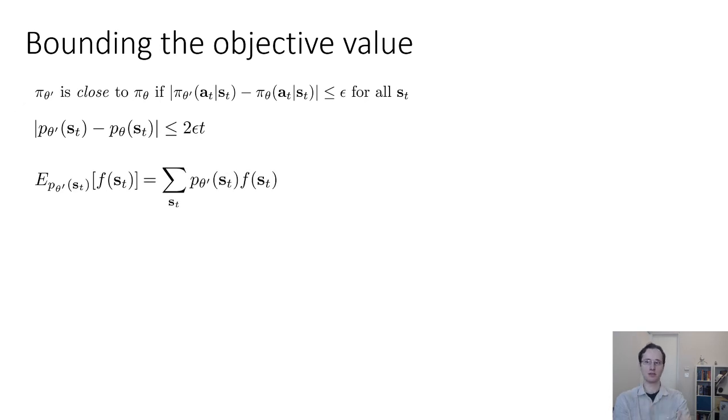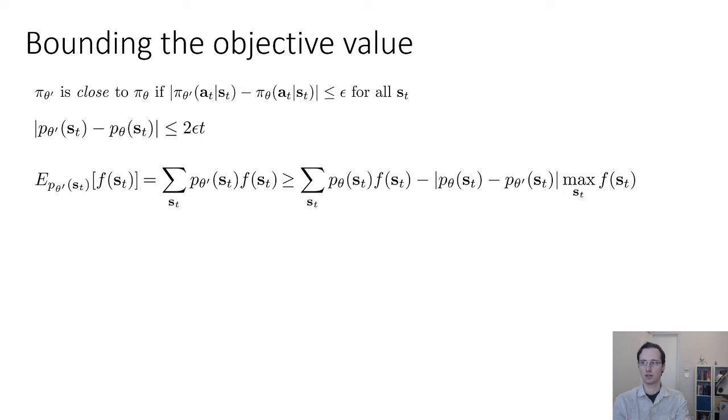We can write the expected value under p theta prime of s_t of f of s_t as the sum over all possible states of p theta prime times f. And we know that this quantity is greater than or equal to the sum over all the states of p theta times f, minus the total variation divergence between p theta and p theta prime times the maximum value that f could possibly take on.